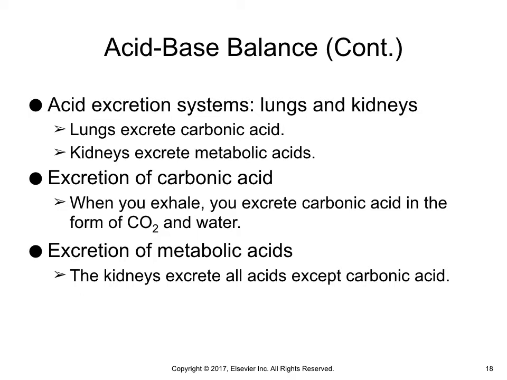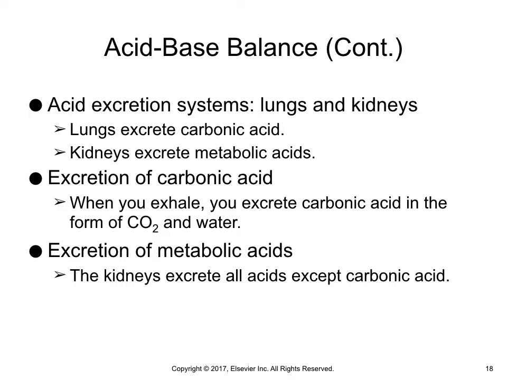In an effort to make up the deficit, these alterations in respiratory rate and depth maintain the carbonic acid portion of acid-base balance. Sometimes people who have lung disease have difficulty with normal excretion of carbonic acid, which causes it to accumulate and make the blood more acid.